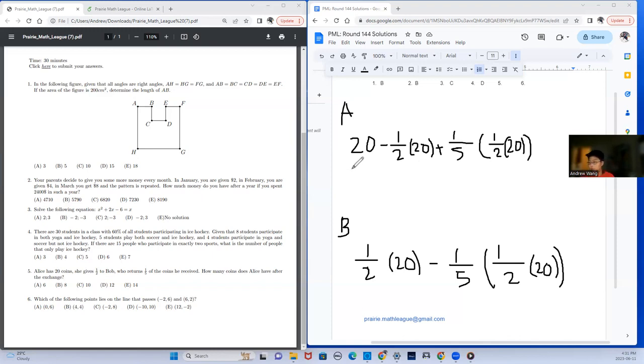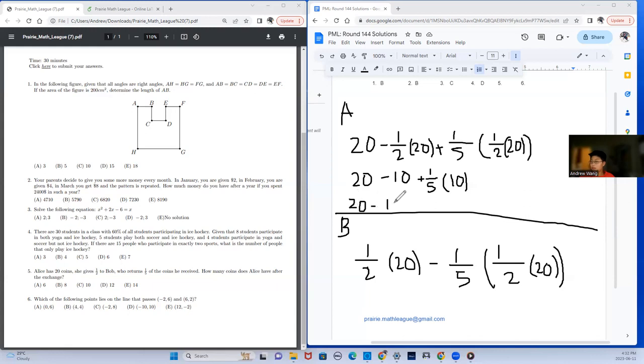So when we simplify all of these, for Alice we get 20 minus half of 20, which is 10, and then plus a fifth of half of 20, which is 10. Now we solve inside the bracket first. So 20 minus 10 plus a fifth of 10, which is 2.